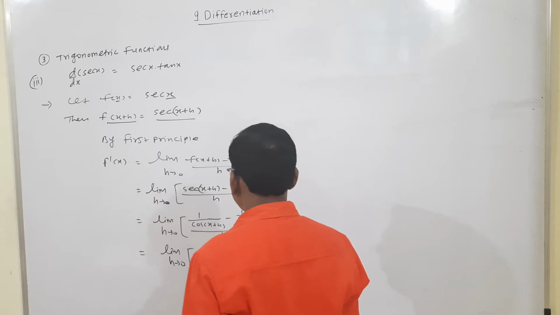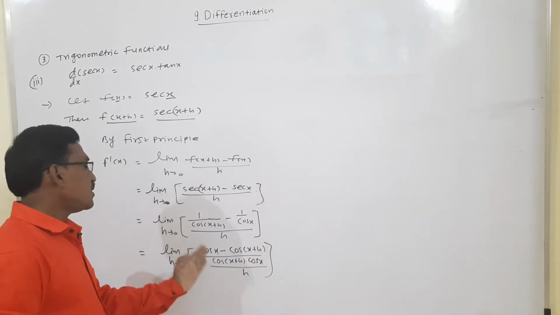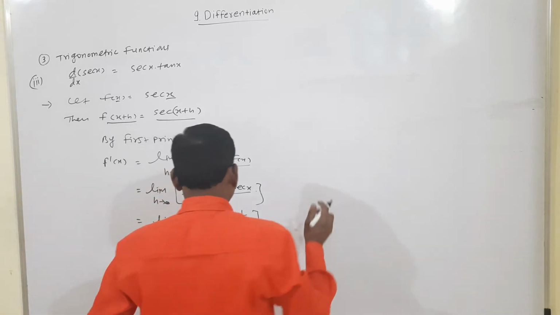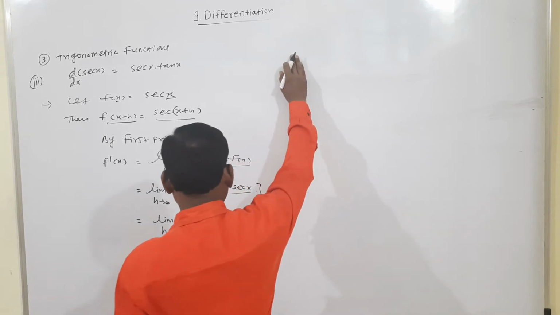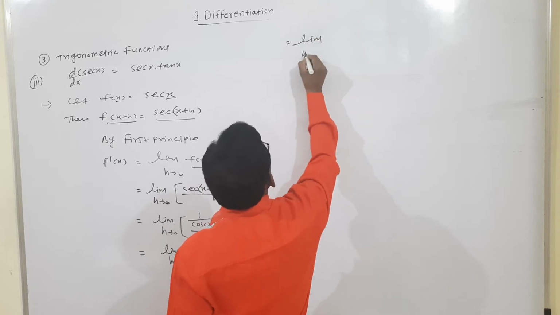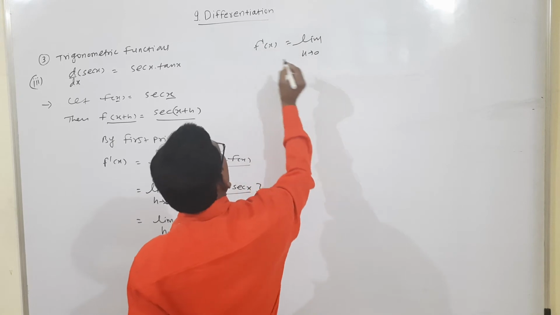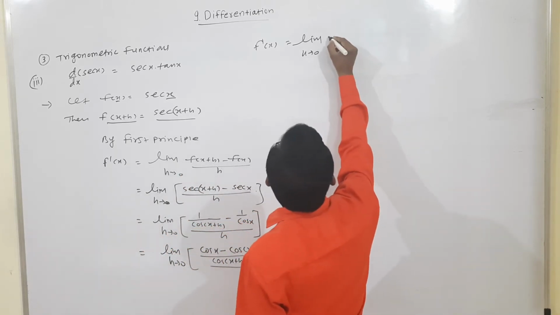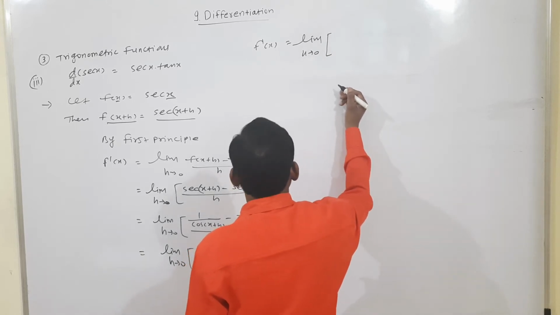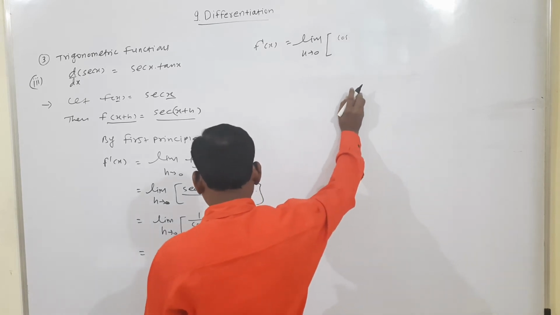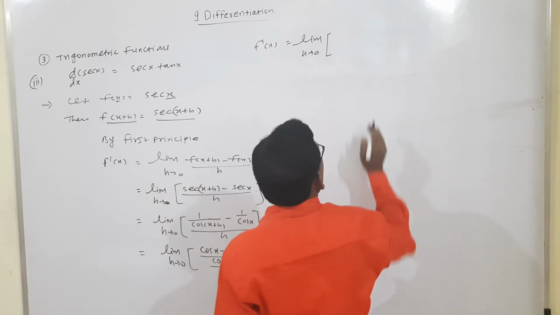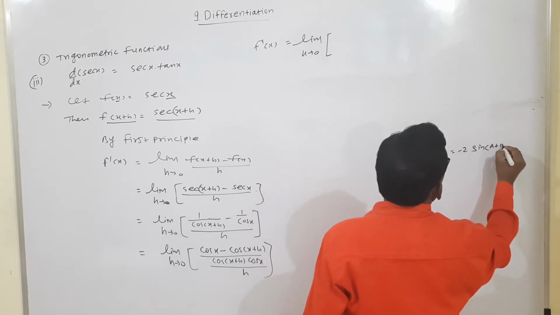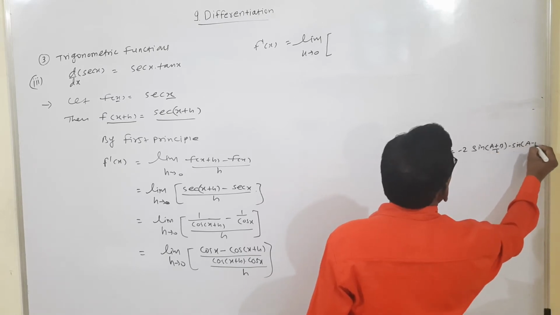Now again we use the factorization formula for cos A minus cos B. f dash x equals cos A minus cos B, which gives minus 2 sine of A plus B by 2 into sine of A minus B by 2.